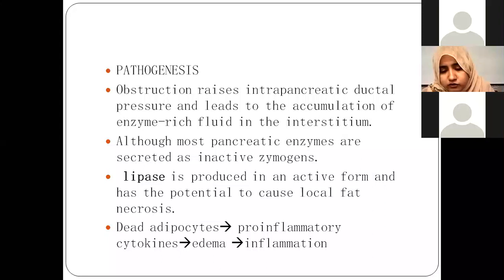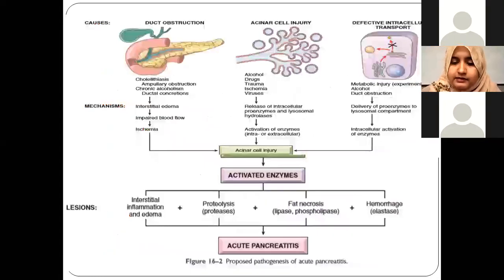It itself produces enzymes, and those enzymes cause necrosis, fat necrosis, and because of the fat necrosis, you will see dead adipocytes, and these adipocytes lead to pro-inflammatory cytokines, which cause further edema and inflammation, leading to acinar cell injury.